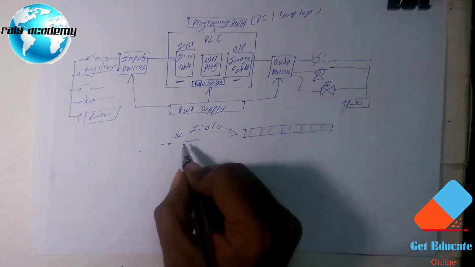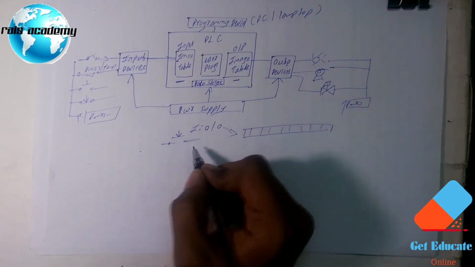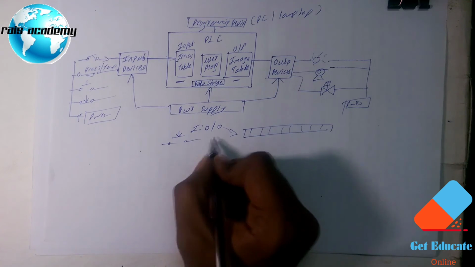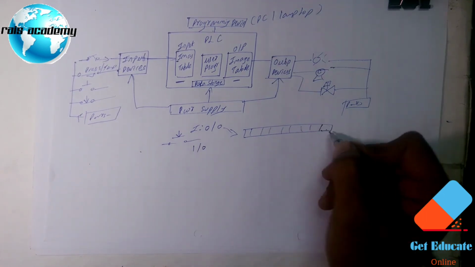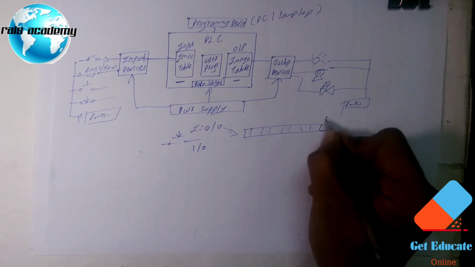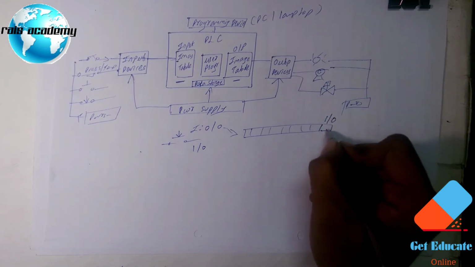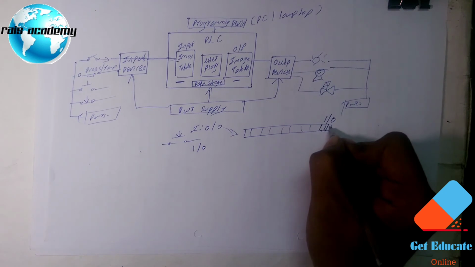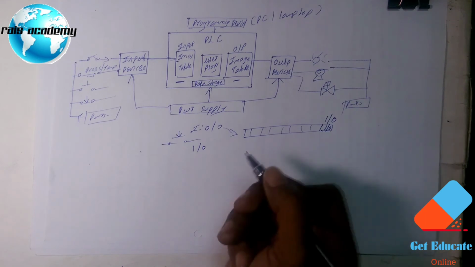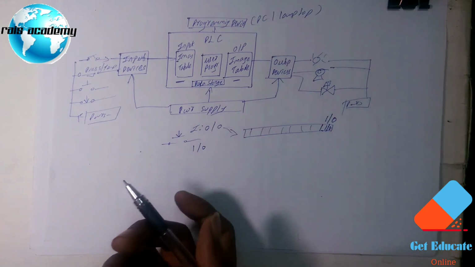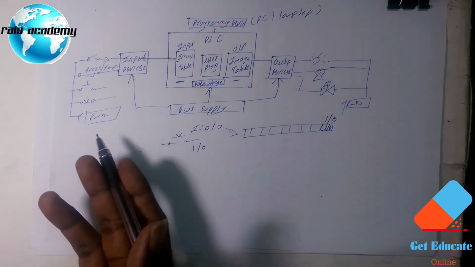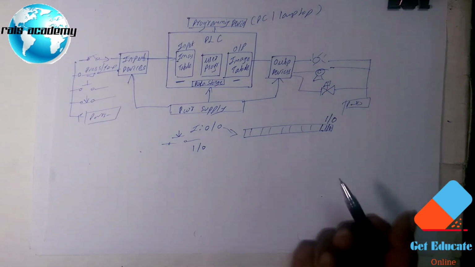A push button gives me an on or off, that is 1 or 0 condition. So its last bit is reserved, it could be 1 or it could be 0. When it is pressed, it will be 1, and when it is released, it will become 0. So this is how an input image table is updated by input field devices.